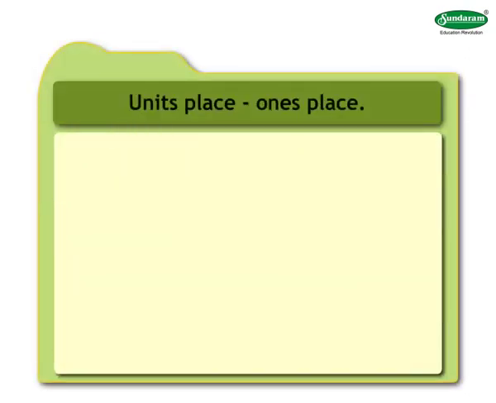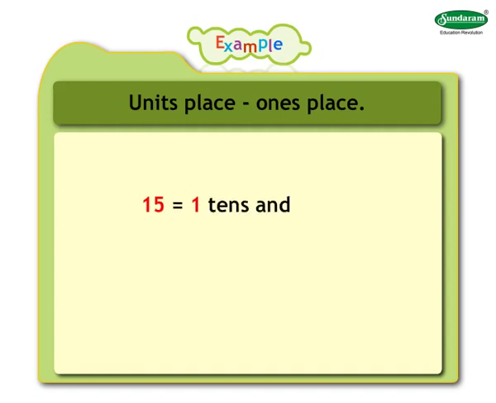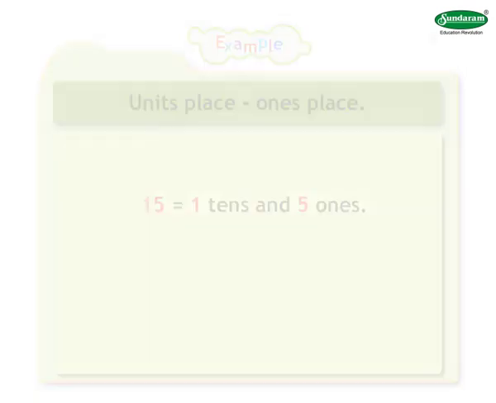Remember, the units place digit is also called the ones place. For example, in the number 15, we can say that there is 1 ten and 5 ones. In the number 29, we can say that there are 2 tens and 9 ones, and so on.